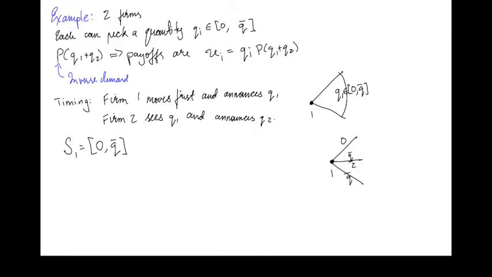Here, because there's a continuum of quantities that the firm could choose, the extensive form has an infinite number of branches from player 1's initial node. Following each of those, there's going to be a node for player 2 where they pick Q2. Again, Q2 is in 0 to Q bar.